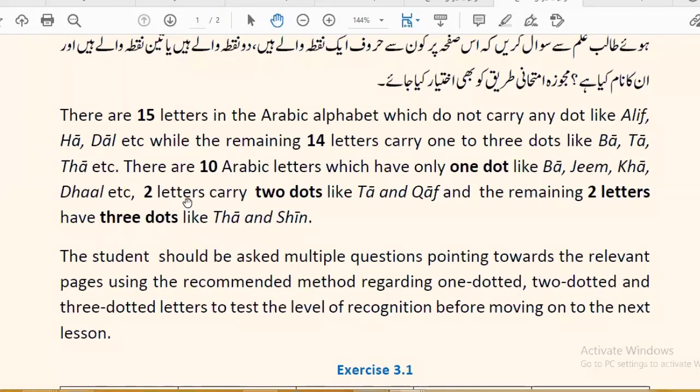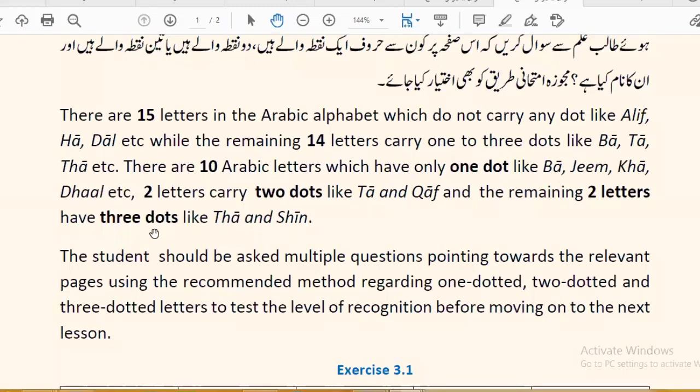There are 2 letters that carry 2 dots, the letter ta and the letter qaf. And the remaining 2 letters have 3 dots. The letter tha and the letter sheen both have 3 dots on them.